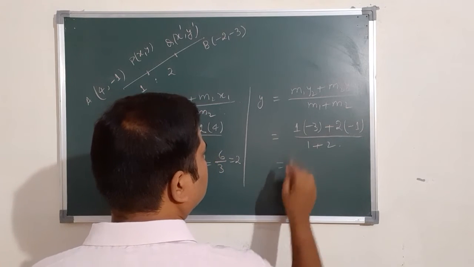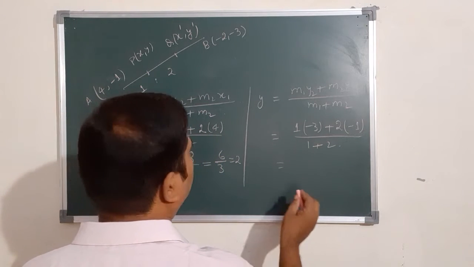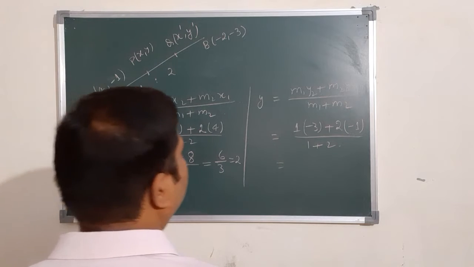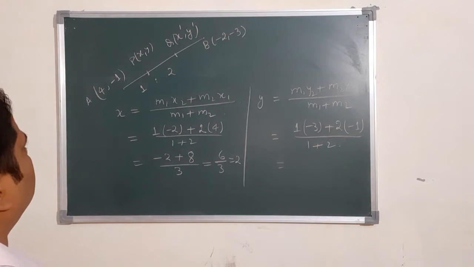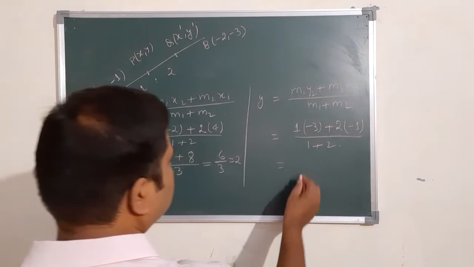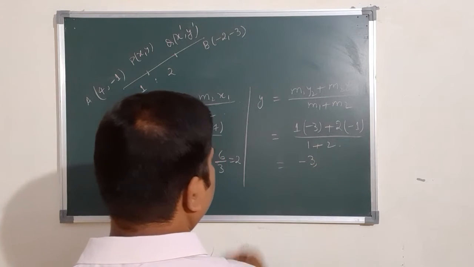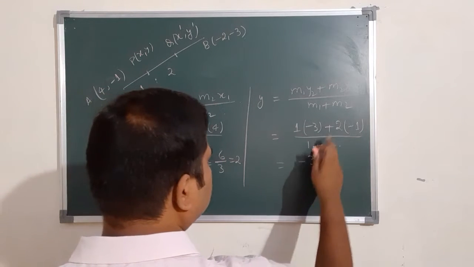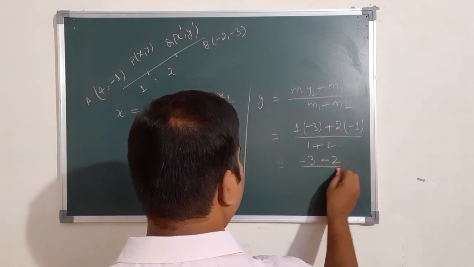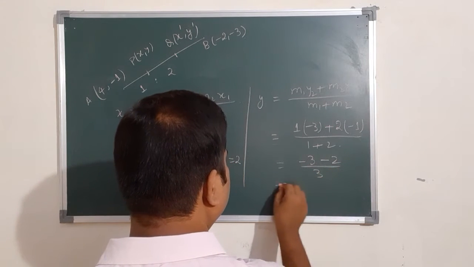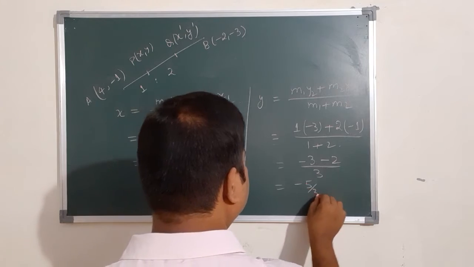This is minus 3. 1 minus 3, yes, 2 into minus 1, this is minus 3 and plus of minus 2 divided by 3, this is minus 5 by 3.